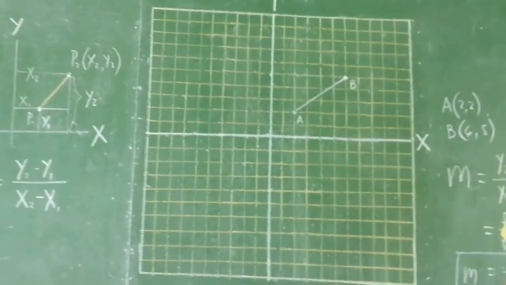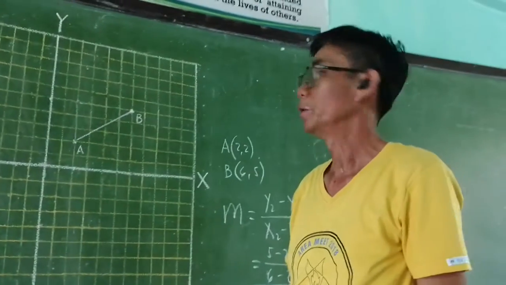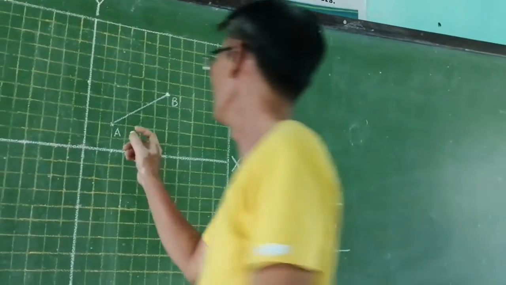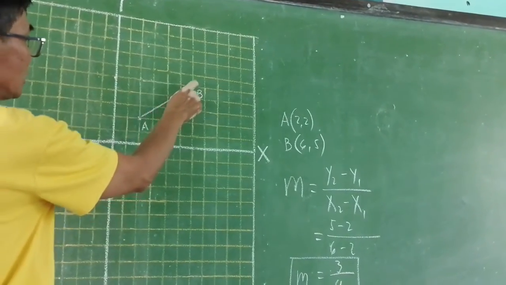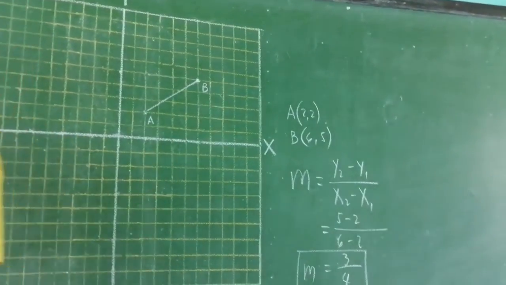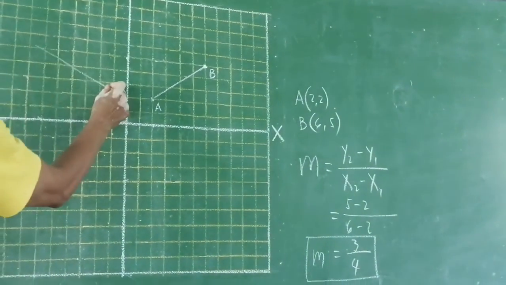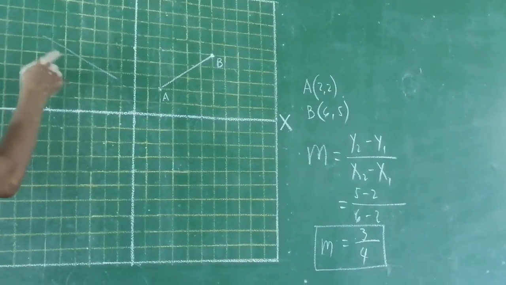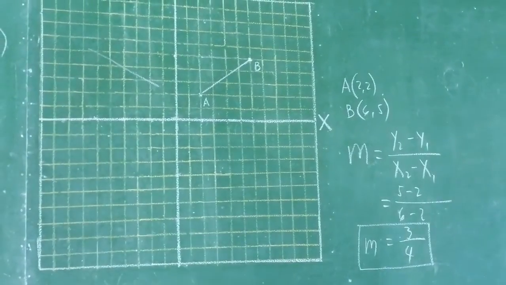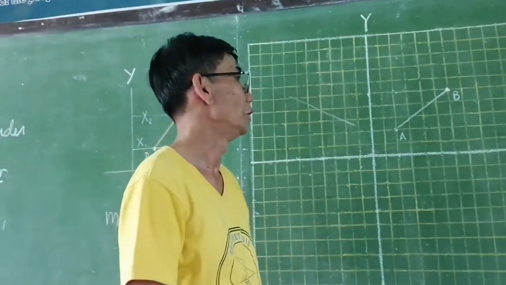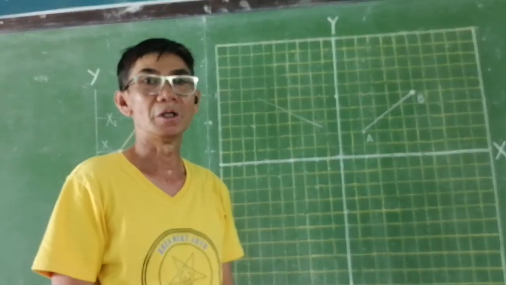That is a convention, easy to remember. When the line is from point A to point B, you will notice that it is increasing from left to right. If you have a line that, from left to right, is decreasing, the slope of this is negative. So maybe that's all for the introduction of the slope.